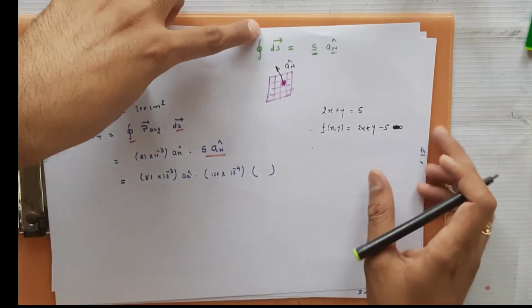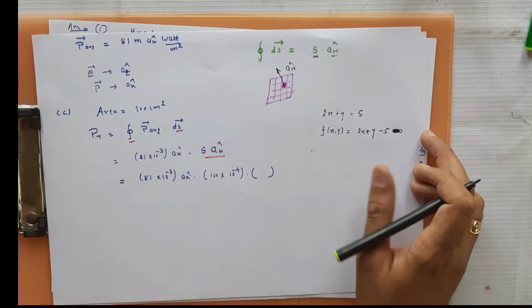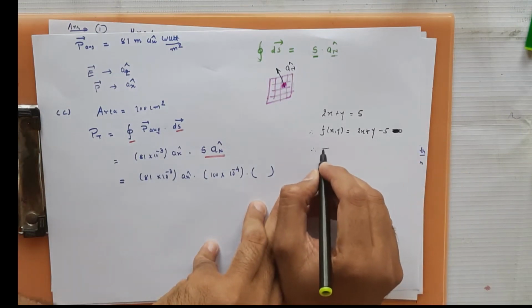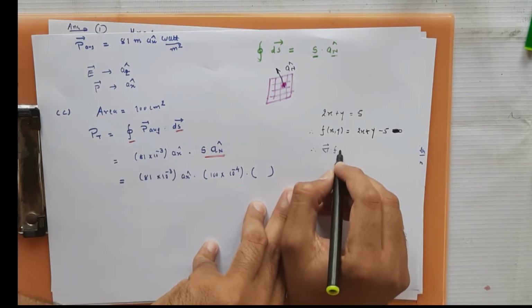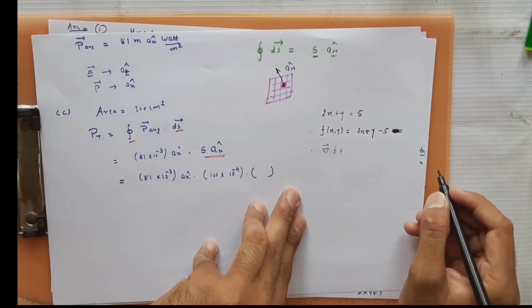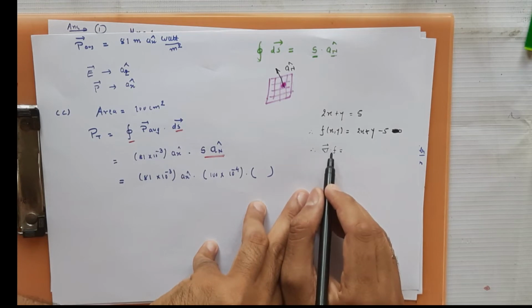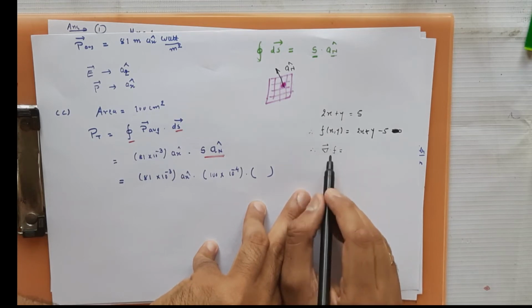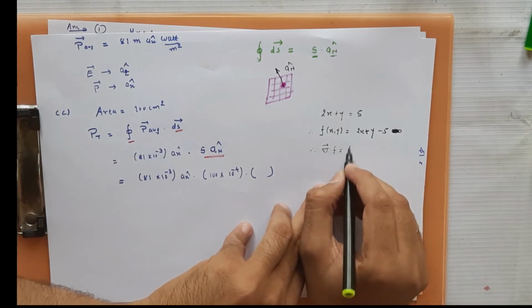Now the vector which is perpendicular to the surface is nothing but I would take del of f. Okay, it's a gradient operation. So if we want to find any vector which is perpendicular to the surface, I have to take a gradient operation of that scalar quantity with the del operator. Okay, so what is del?